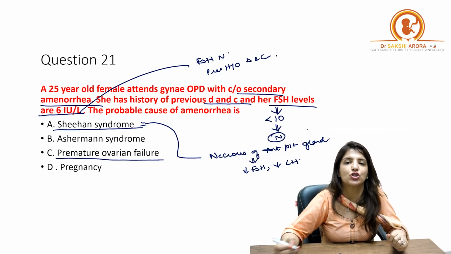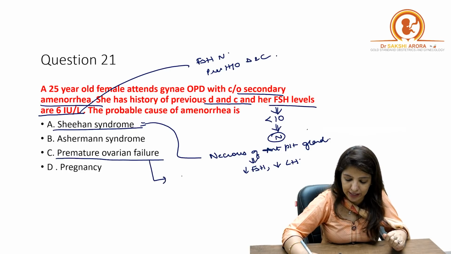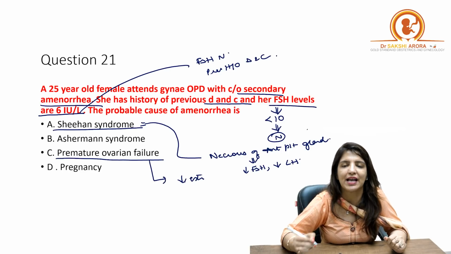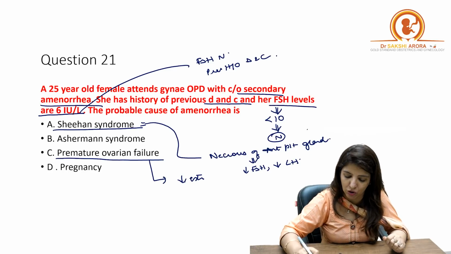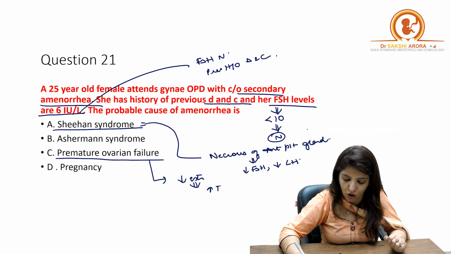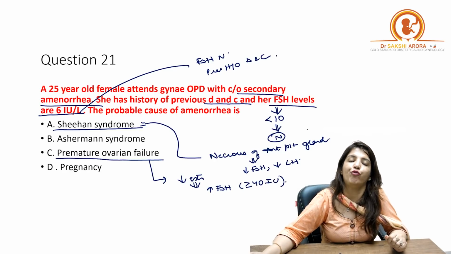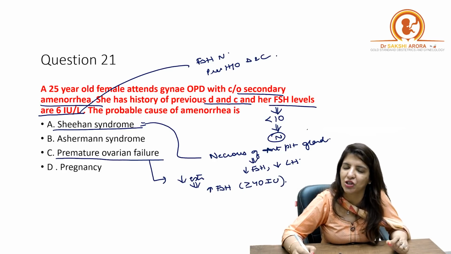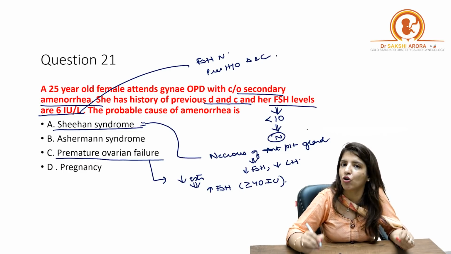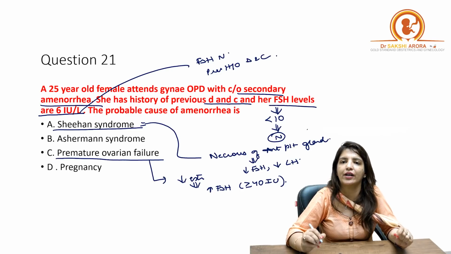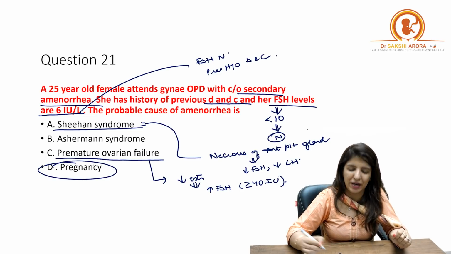Let's talk about premature ovarian failure. If there is an ovarian failure, definitely the levels of estrogen will decrease, and because estrogen will decrease, the negative feedback on FSH would be gone, so the levels of FSH will increase and become more than 40 international units. That is why this is not a case of premature ovarian failure, because here the levels of FSH are in the normal range, right? Then third is pregnancy.